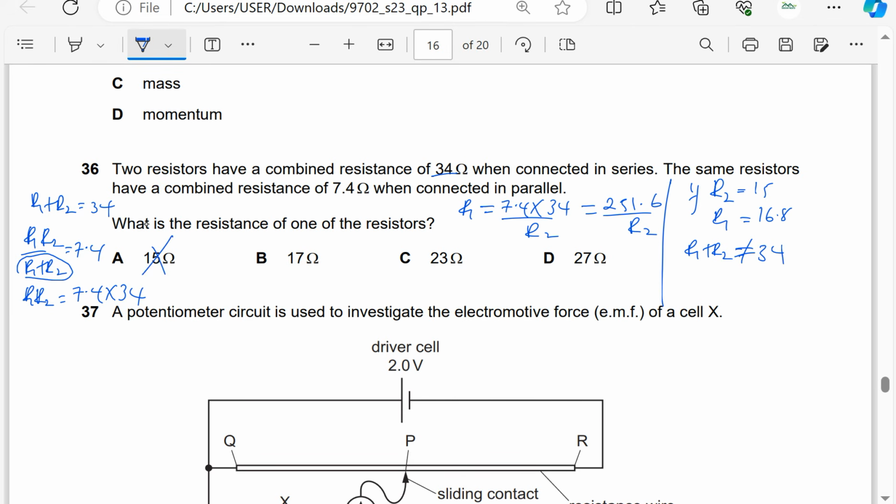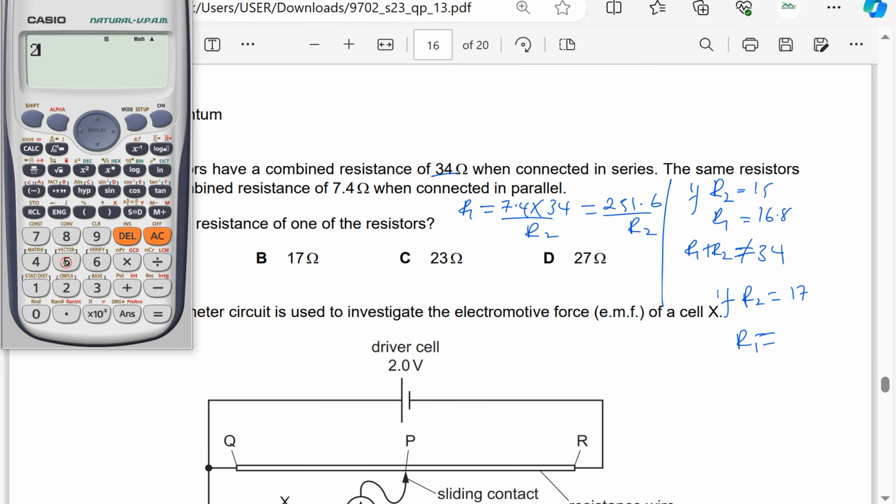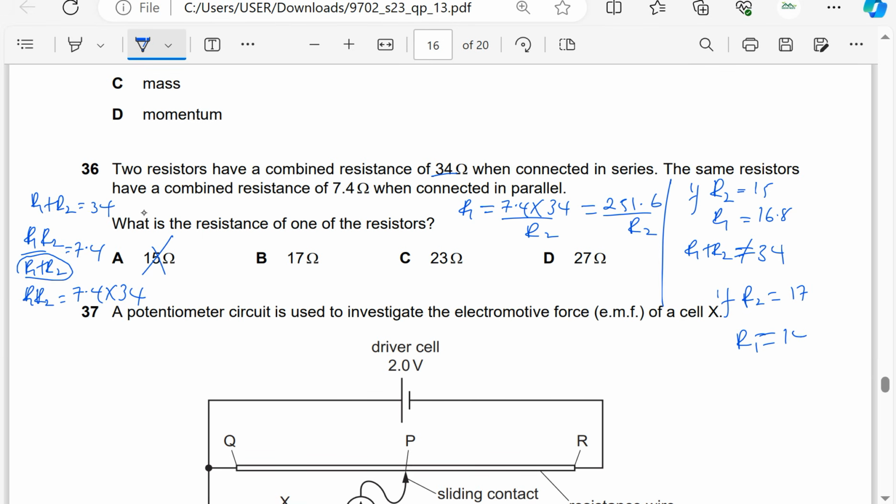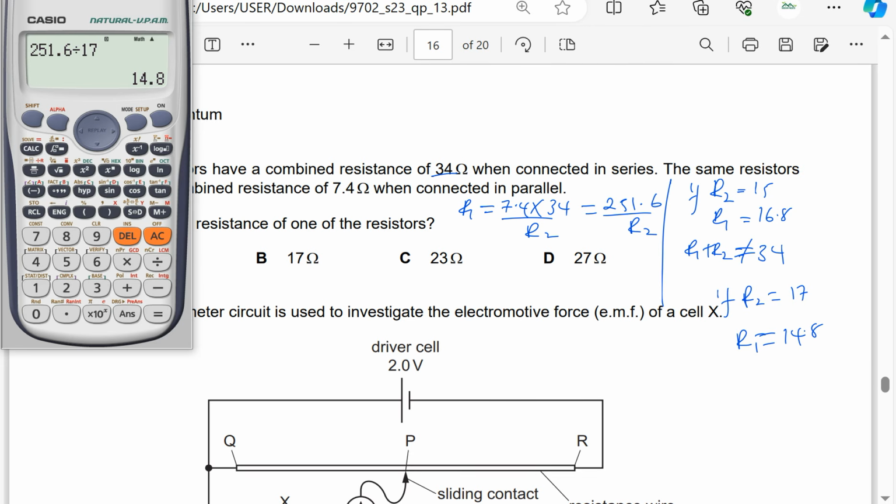I will check 17. If R2 equals 17, R1 equals 251.6 divided by 17. R1 is going to be 14.8. So 14.8 plus 17 is 31 point something.